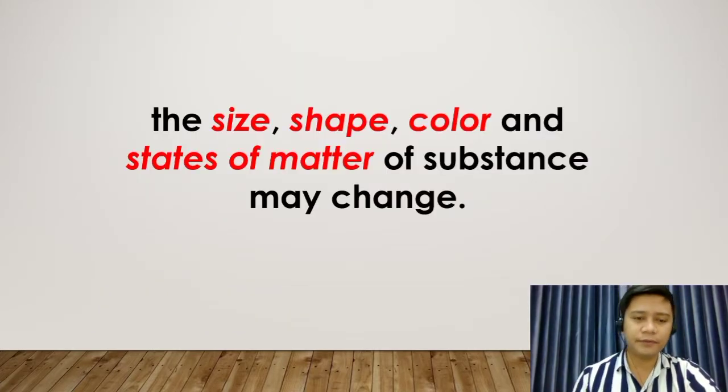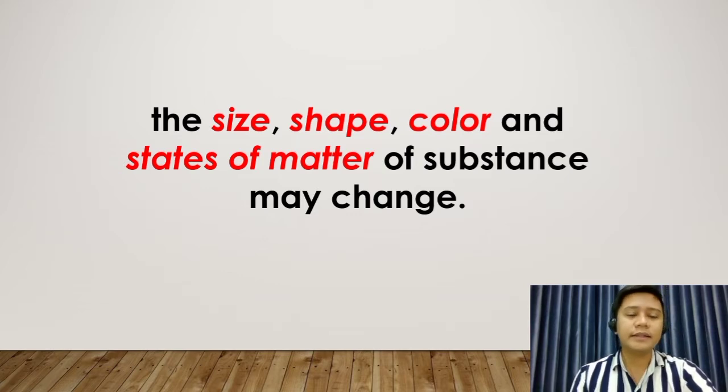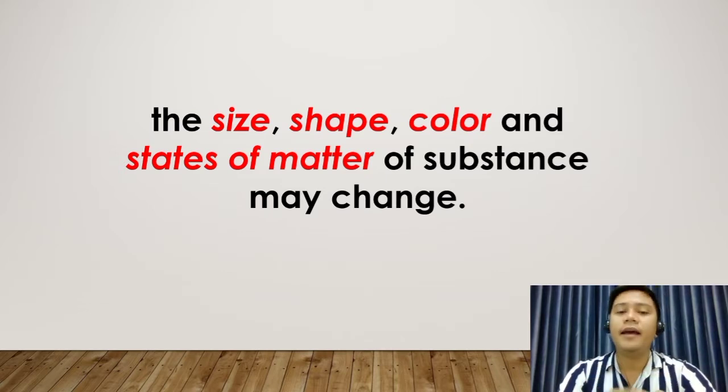Everybody read the first one. When we say physical changes, the size, shape, color, and states of matter of a substance may change. Size, can you spell size? S-I-Z-E. Now spell shape. S-H-A-P-E.